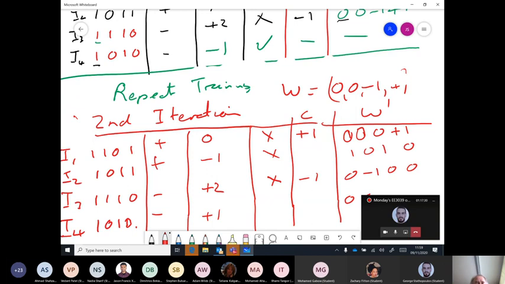For I1, yeah, it is 0. It's got to be positive, so we're adding this.